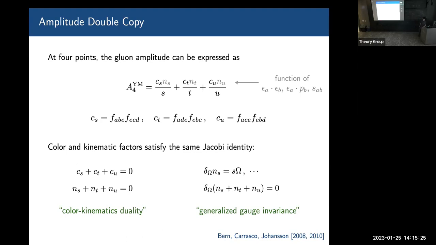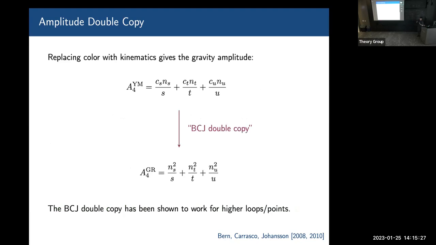What we want to do now is to take this duality seriously and try to replace one with the other. This is precisely the statement of the BCJ double copy construction. We take this expression for the gluon 4-point amplitude, simply strip off the color factors, and then square the kinematic factors.